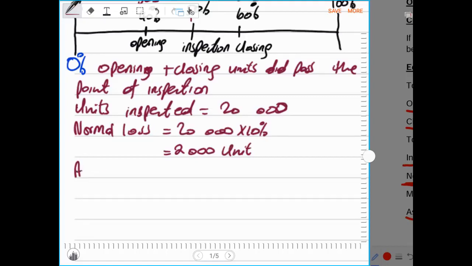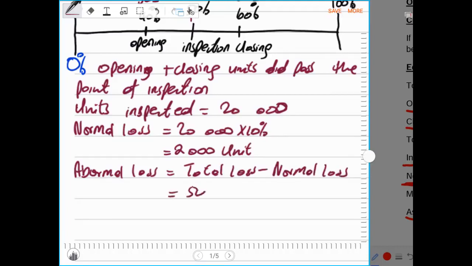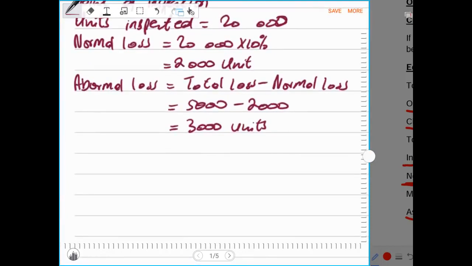This helps us to calculate our abnormal loss, and abnormal loss is total loss less normal loss. Our total loss is 5,000 units and our normal loss is 2,000 units, so we subtract 2,000 units, and that gives us an abnormal loss of 3,000 units.